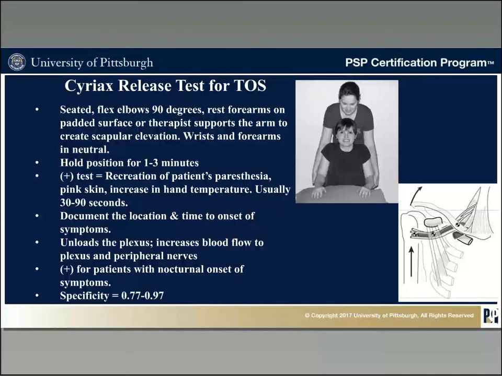In addition, a lot of these tests try to exploit the vascular factors present in some cases of TOS, but as we just discussed, the most common form of TOS is the neurogenic version. And so again, some of these tests may not necessarily be as helpful or as useful in helping us to arrive at our clinical diagnosis.